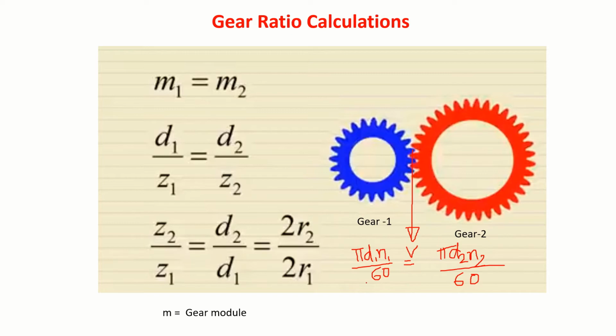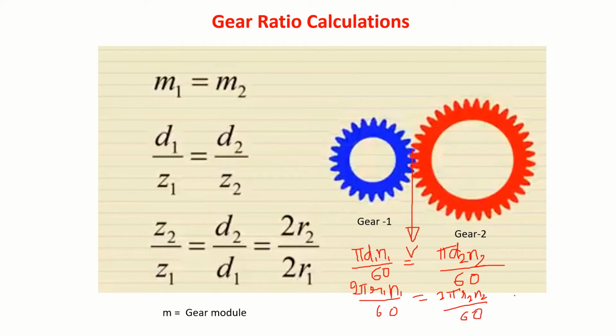If you want, we can write like this also: 2 pi r1 N1 by 60 is equal to 2 pi r2 N2 by 60.